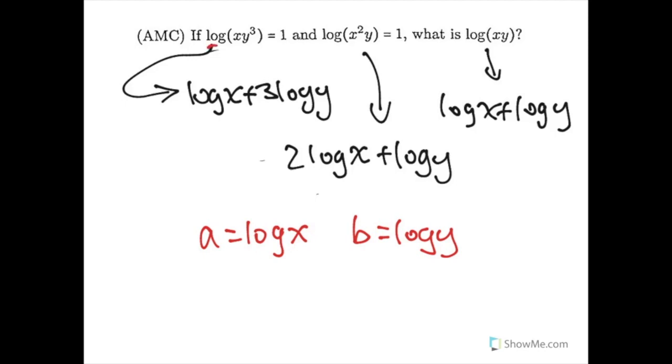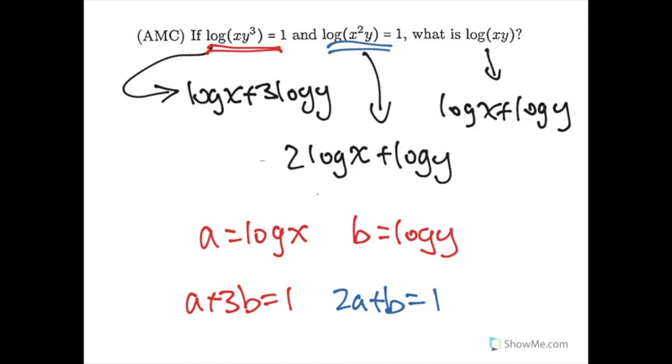And we see that the first equation would be changed into a plus 3b equals 1. And the second equation would be changed into 2a plus b is equal to 1. And the expression that we want to find is a plus b. So I'm going to copy this over to the next page.